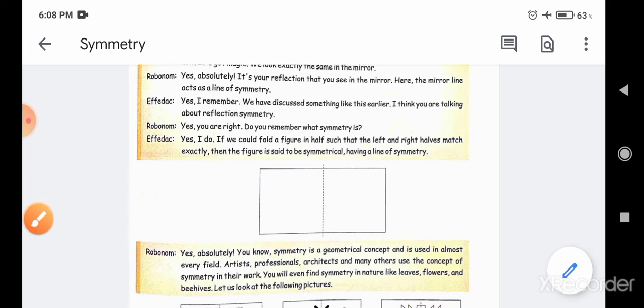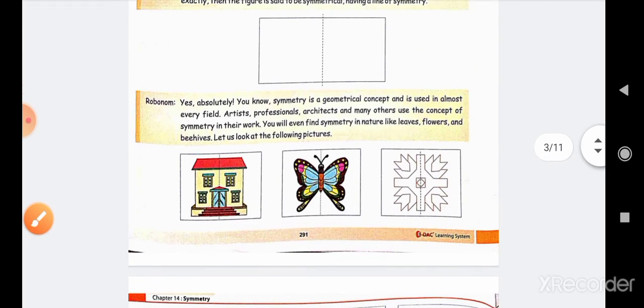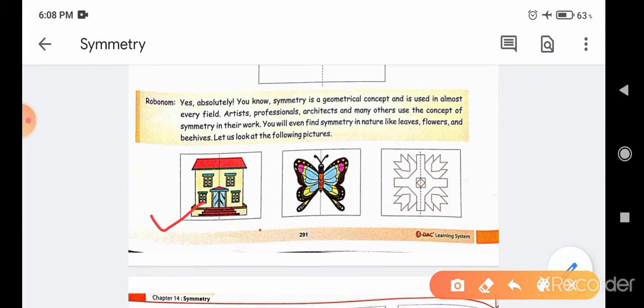So this is symmetry, and here you are given some examples. This house is symmetrical. This butterfly is also symmetrical, and this is the line of symmetry. And this shape is also symmetrical, and its line of symmetry is this. It can also be divided into two equal halves from here and from here.